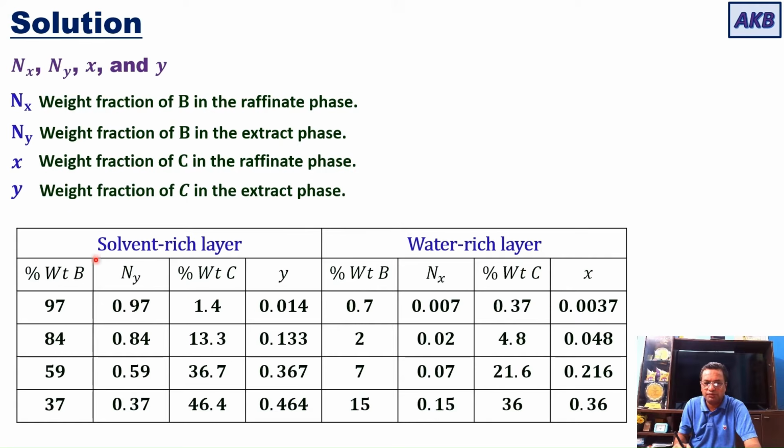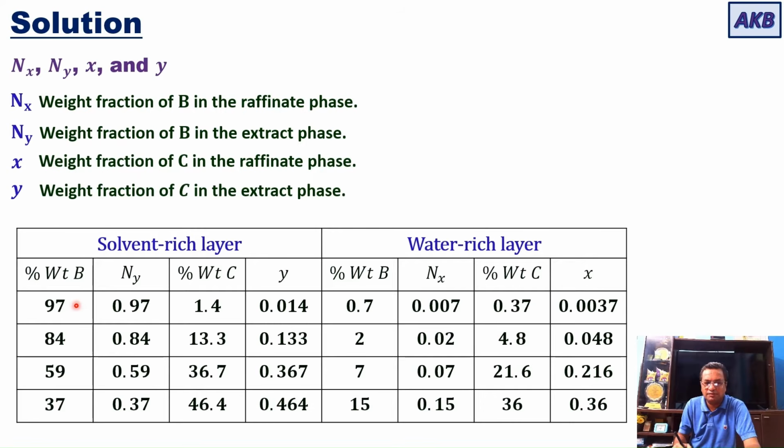Now what is given to us? Here I am showing the table where I have converted the given data into this form. The percentage weight of B in the extract layer, that is the solvent rich layer, is given to us. In order to convert percentage weight into fraction, I have to divide the percentage value by 100, and that is what I have done.